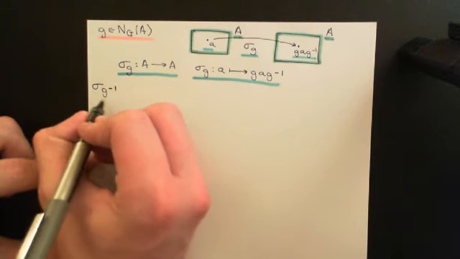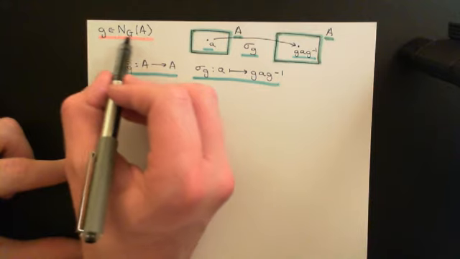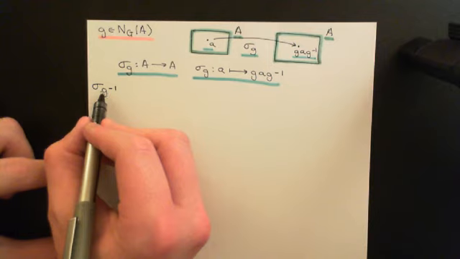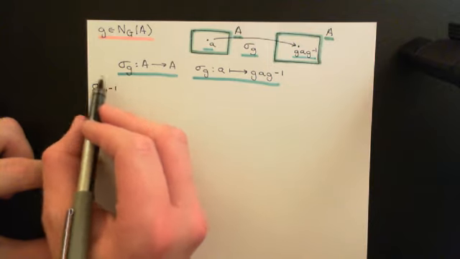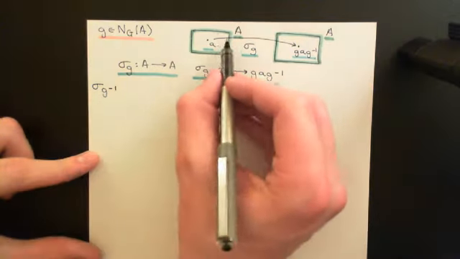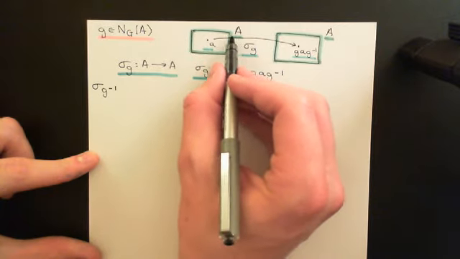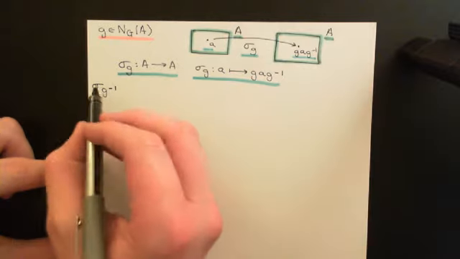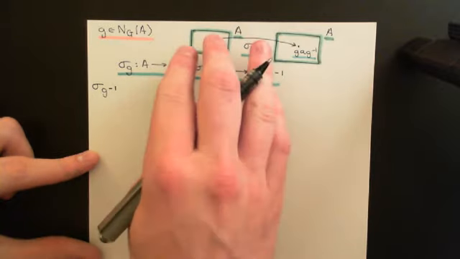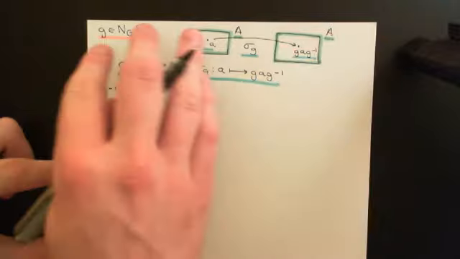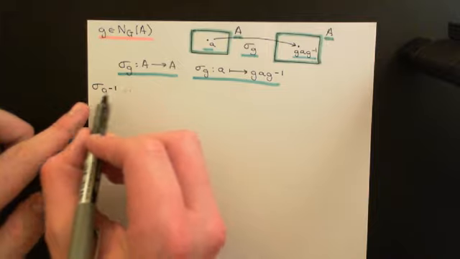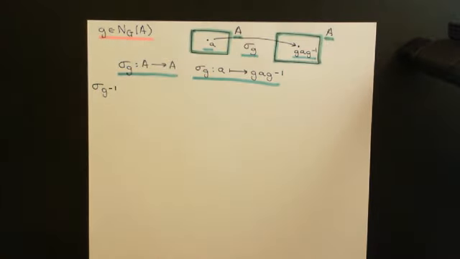Okay, and I know I haven't yet shown that little g inverse is an element of the normalizer of A in G. Okay, but this is certainly defined on the larger group capital G, and it will map all the elements of this set capital A onto some other element in the group capital G. Okay, and what we're actually going to find out is that this does map the set A onto the set A and is an element of the normalizer of A in G. But for now, just think of it as sending all the elements of the group capital G onto the g inverse conjugate of them.